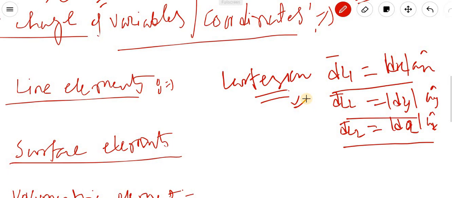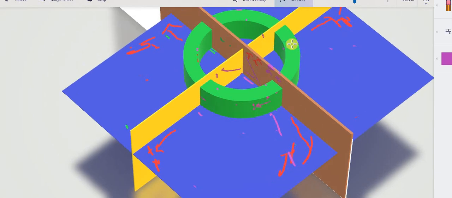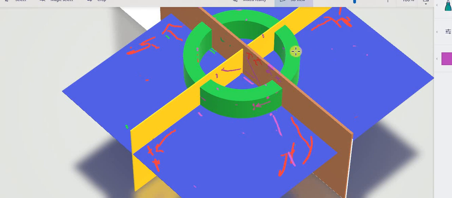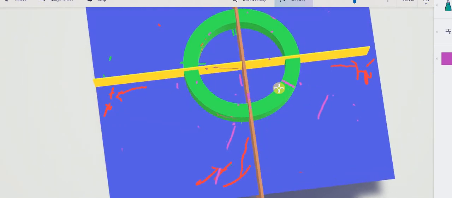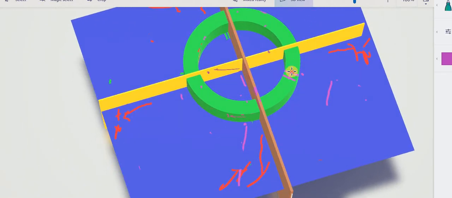Now what are the line elements for cylindrical coordinates? How can we present them? Suppose we have a very small amount of change, from this rho 1 to rho 2, and the angle also changes by a small amount.